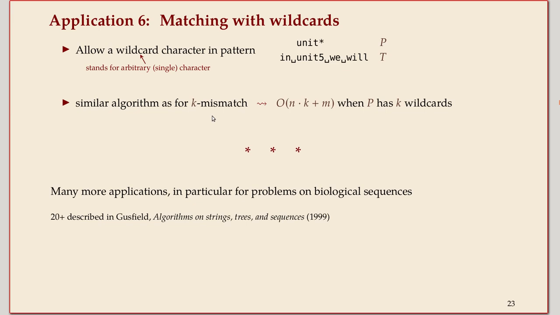You can also generalize from k mismatches to k edit distance. That means you can not only change a character to another one, but you can also delete a character or insert one.